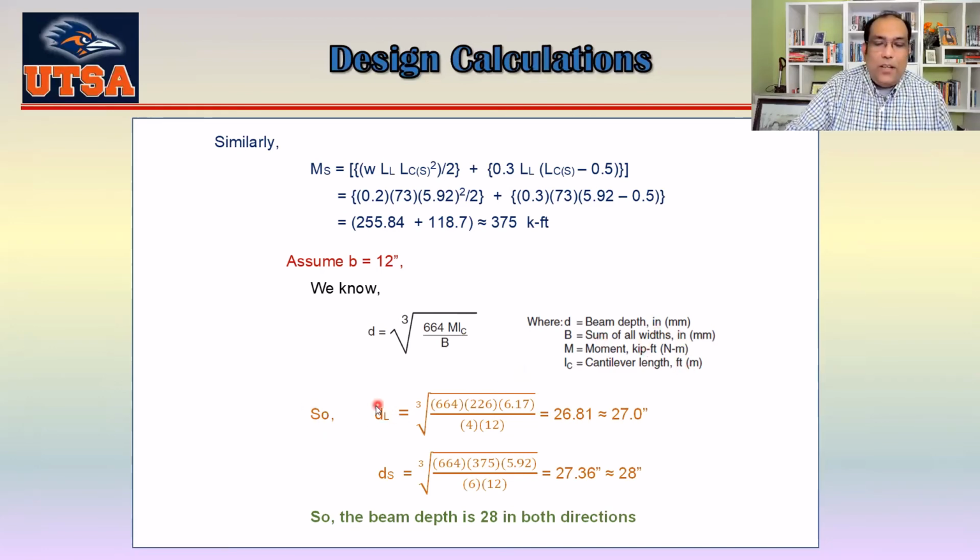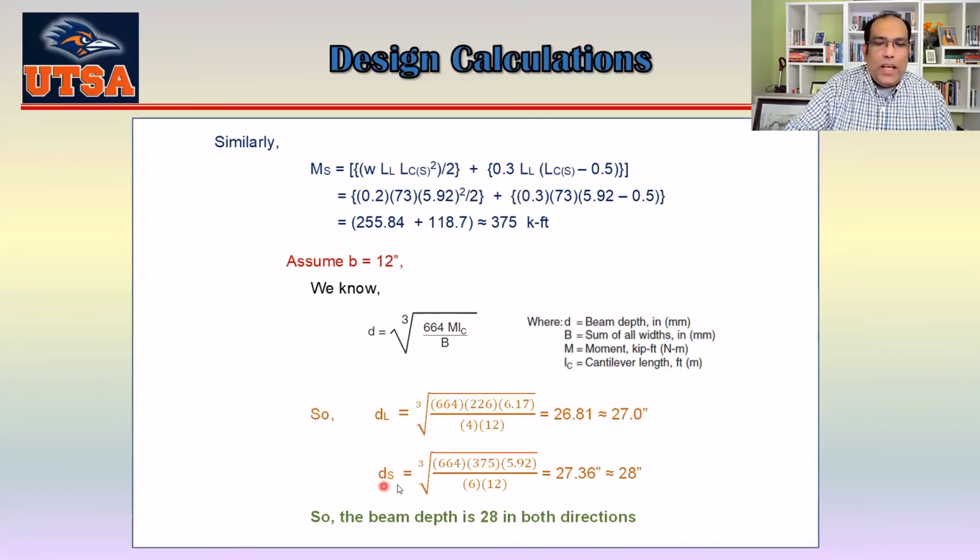So I'm trying to find my D in the longer section. In the longer section, my LC is 6.17, and I have 4 beams, and I'm assuming each of the beams is 12 inch. So I'm getting my D as 26.81, let's say 27 inch, okay?